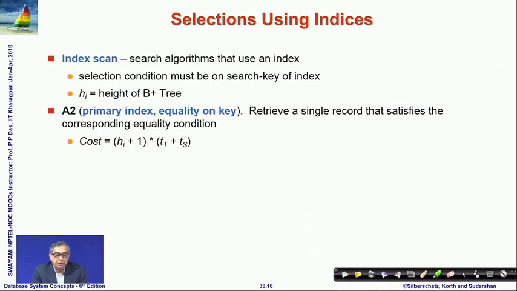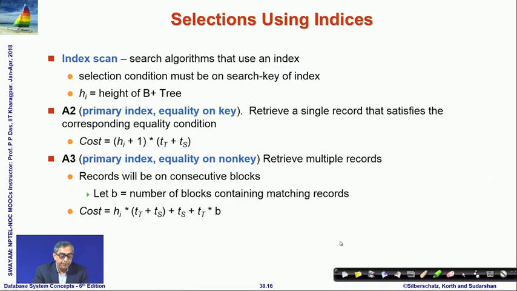Each one of them will take a transfer time plus a seek time, because they are not consecutively located. So, every time we will need to seek them. So, that will be h I times T t plus T s, and we will need one additional block transfer to actually get the data, get the record read in. So, that will give us the cost that we have shown here.